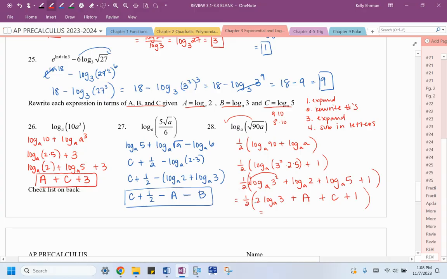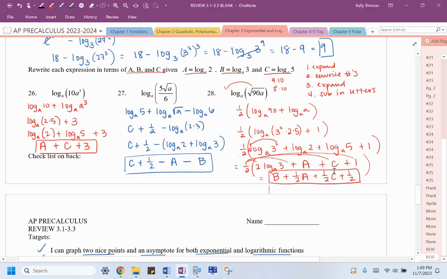So if we distribute this all the way through, we're going to get 1/2 times 2 log base a of 3. So we're just going to get b. Then it should be plus 1/2 a plus 1/2 c plus 1/2. Or if you want to leave the 1/2 on the outside of parentheses, that would be okay. 1/2 times 2b plus a plus c plus 1. Either way.